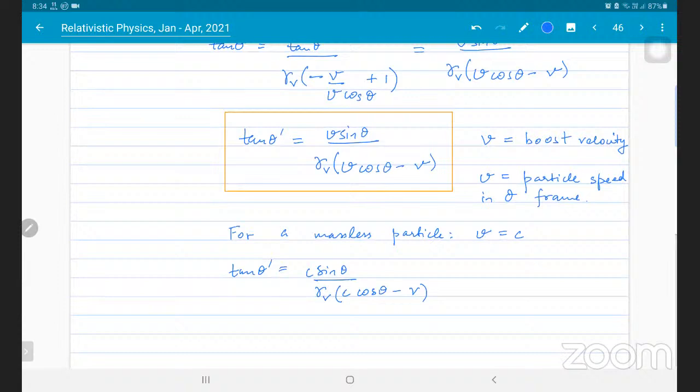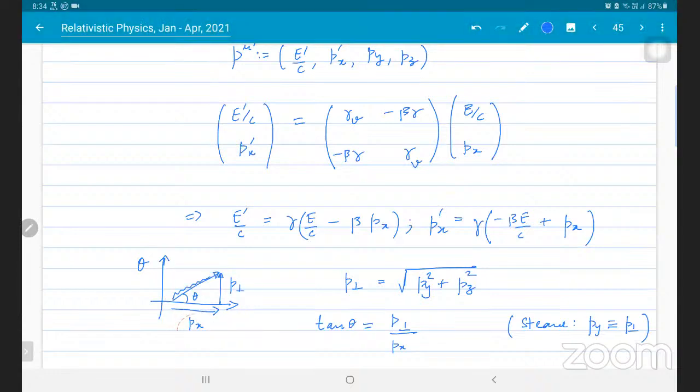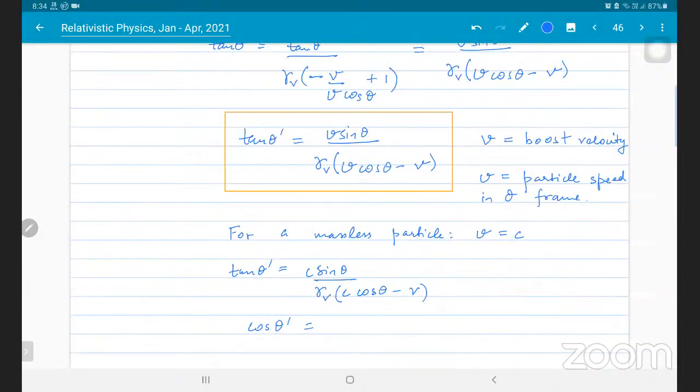And it's easier to write this in a slightly different form using the fact that I can express cosine theta prime, the cosine of this angle, in terms of this thing, px prime divided by p prime.